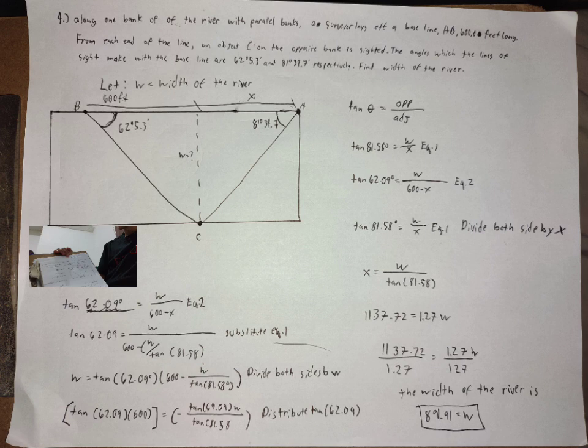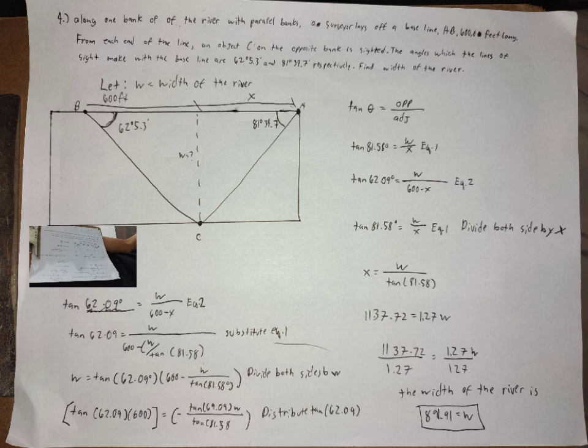So here's the graph. Let W equal the width of the river. Tangent theta equals opposite over adjacent. Tangent 81.58 degrees equals width over x for equation number 1.